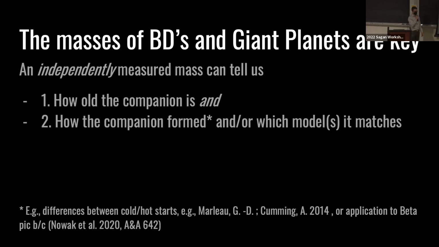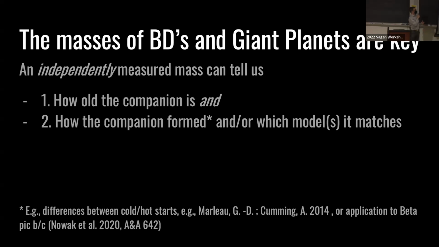And in this study of brown dwarfs, the mass is key. Jackie talked about this at great length, but you really need the mass to not only understand the brown dwarf, but actually test models of their evolution. If you have an independently measured mass, and by independent, I mean a dynamical mass, something from Newtonian dynamics of the system, not a fit to a cooling model, you can actually begin to test these cooling models.